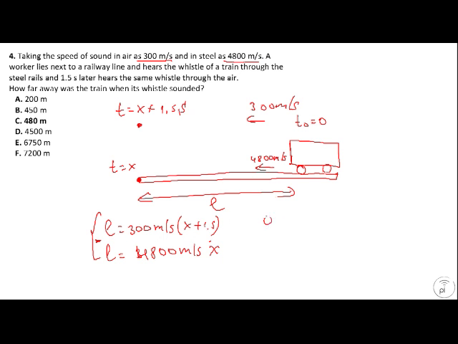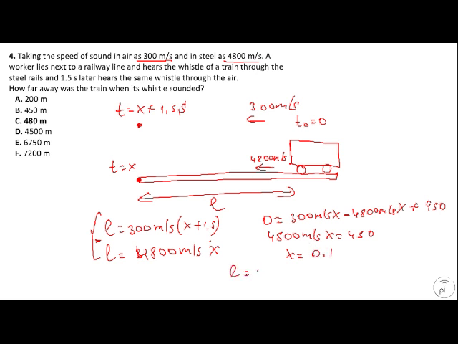This minus this will be equal to 0: 300 meters per second x minus 480 meters per second x plus 300 times 1.5, it will be 450. Here we'll have x equal to 450. X will be 0.1.